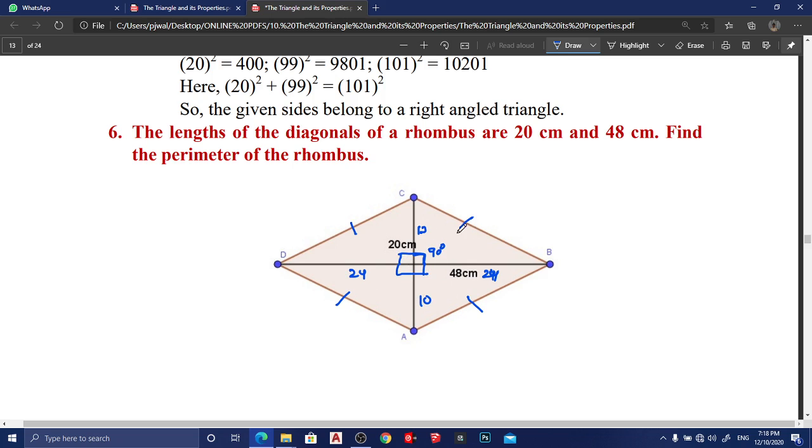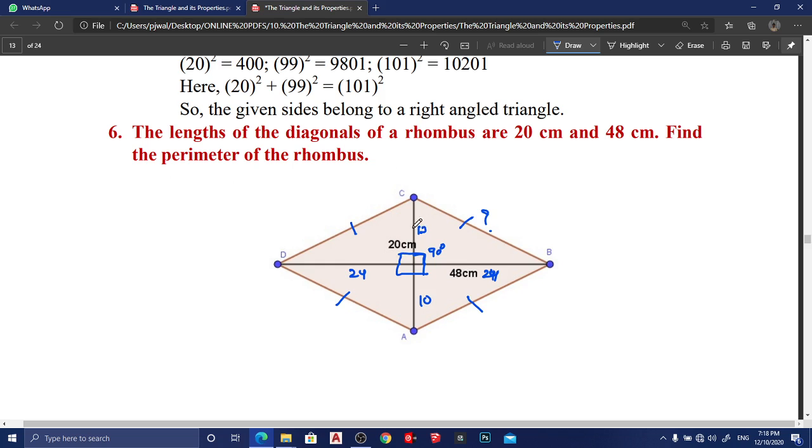This is one triangle, this is another triangle, this is another, this is also another triangle, which are all equal here. Observe here, this is 10, 24, this side is equal, all the sides are equal. All the triangles are equal only. If you take any one of the triangles, you can find out this side value of the rhombus. Then you can find out the perimeter of the rhombus.